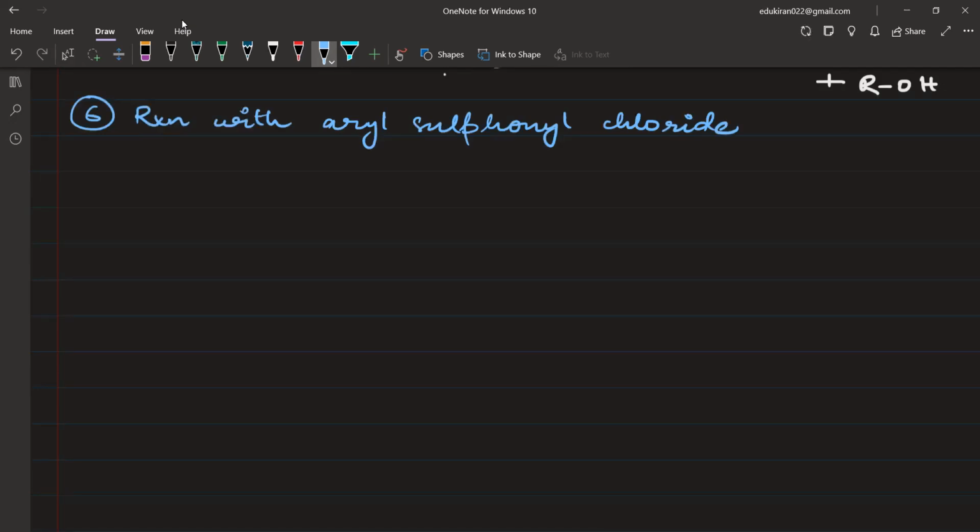What is aryl sulfonyl chloride? It has a structure in which benzene ring is attached with sulfur and chlorine. This is also known as Hinsberg's reagent.